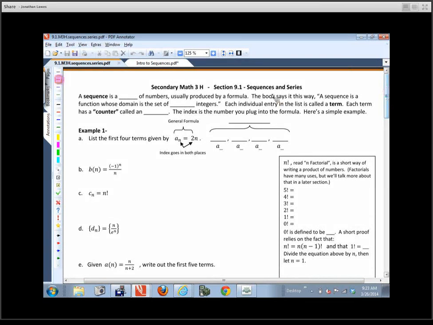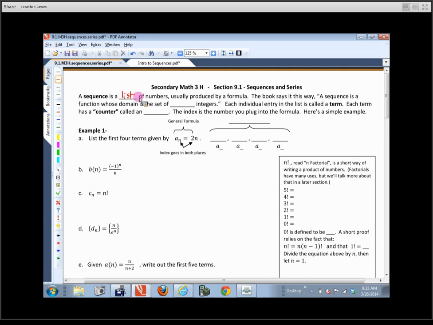Anybody want to take a guess at what goes in that blank? Set, or it's just a list. Okay. The easiest way to describe what a sequence of numbers is, it's just a list of numbers. We normally separate them by a comma so we can tell the difference between a 1, 2 and a 12 if it didn't have the comma in between there.